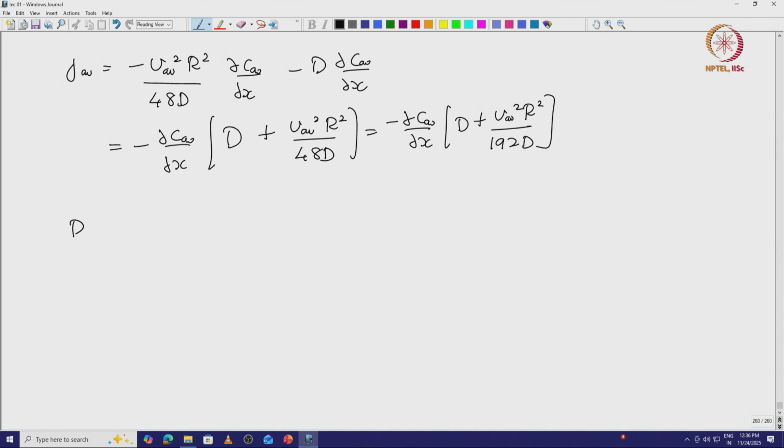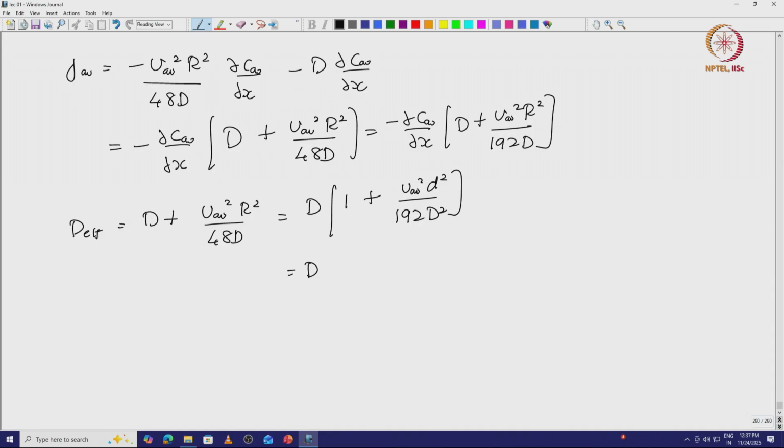So, the effective diffusion coefficient is equal to D plus V average square R square by 48D, which I can also write as the diffusion coefficient into 1 plus V average square D square by 192 D square. It's equal to the diffusion coefficient into 1 plus Peclet number square by 192.